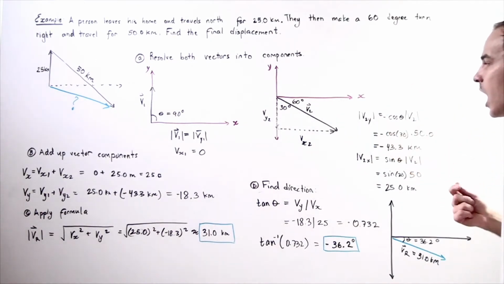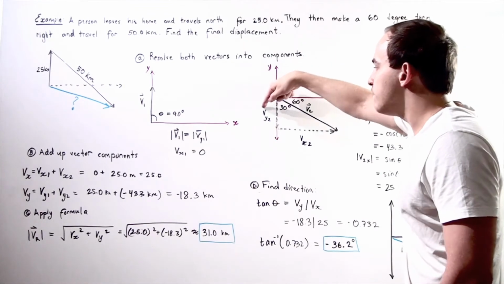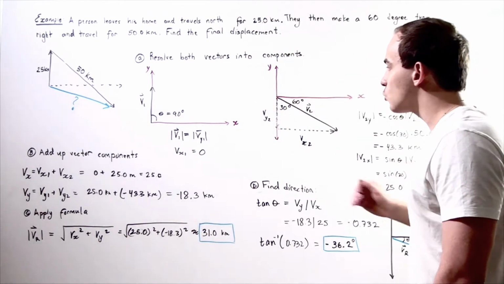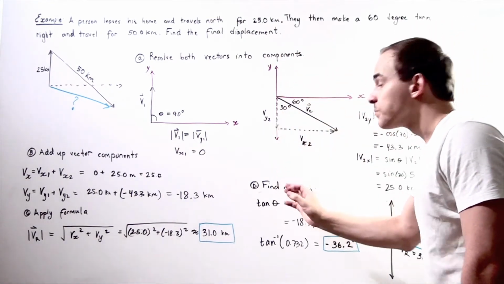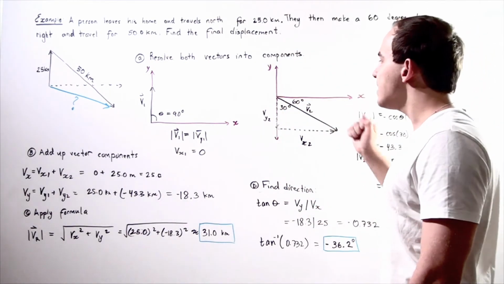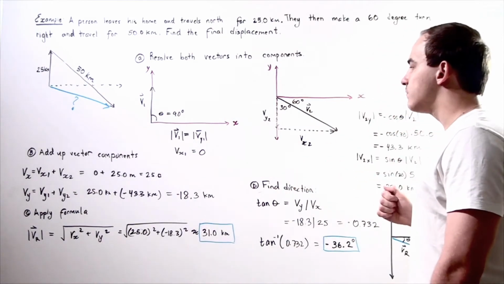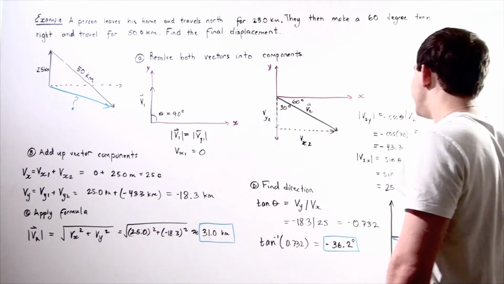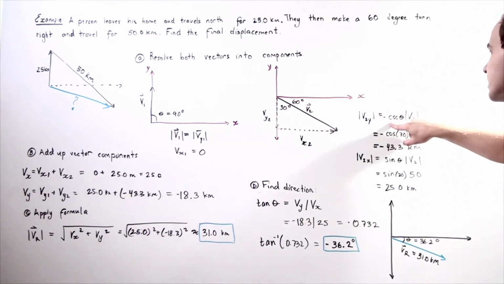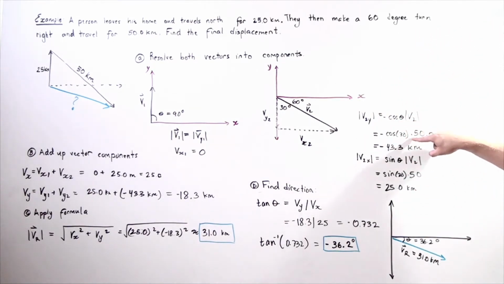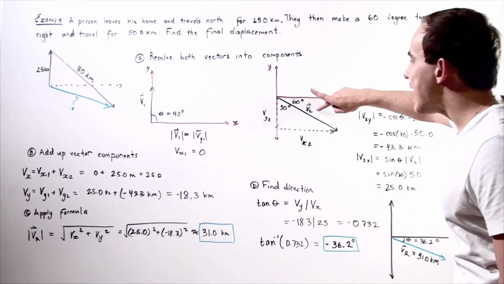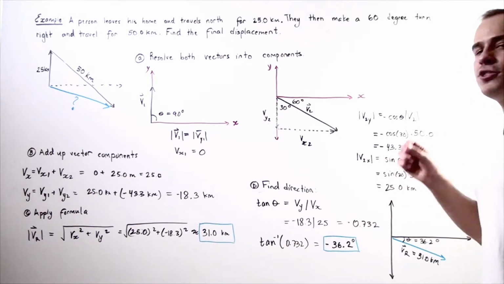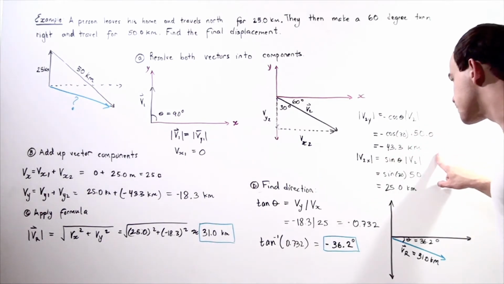It's negative because notice that v along the y direction goes downward. So we choose upward to be positive, downward to be negative. We choose right to be positive and left to be negative. So negative cosine of the angle 30 multiplied by 50, the magnitude of v2, and that equals negative 43.3 kilometers.